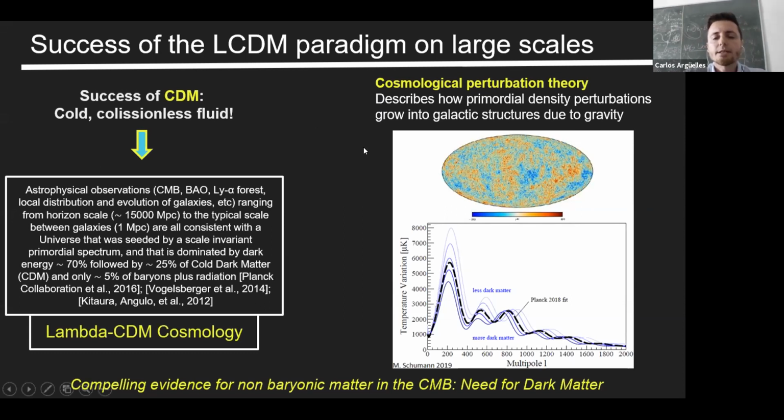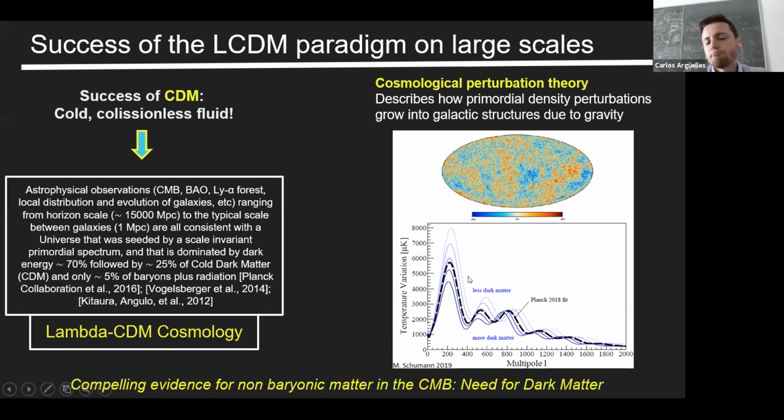And as we have seen yesterday in the beautiful talk of George, cosmological perturbation theory, the theory that describes how primordial density perturbations grow into galactic structures, gives this beautiful CMB anisotropic distribution, for example for the temperature distribution, which was measured with a precision of 1 in 10,000, remarkably.